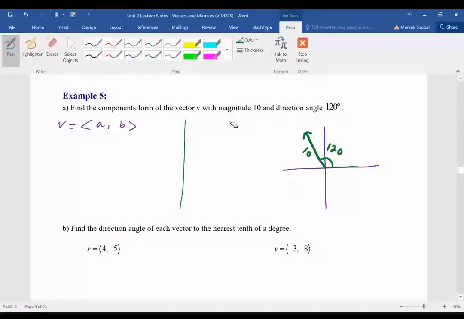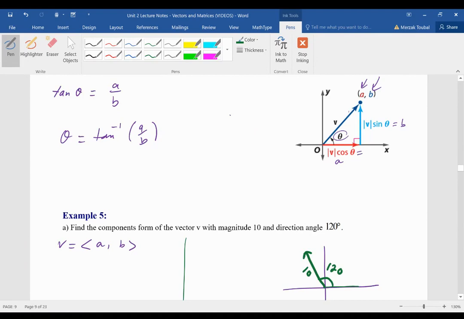Sorry, let me take you back to review something first. So to find the x component and the y component, if we write cosine of theta, it would be a over the magnitude of v.